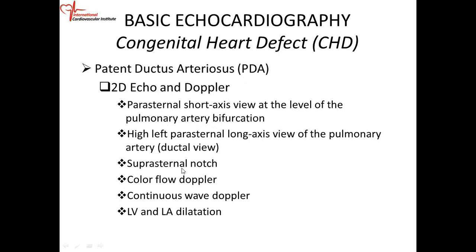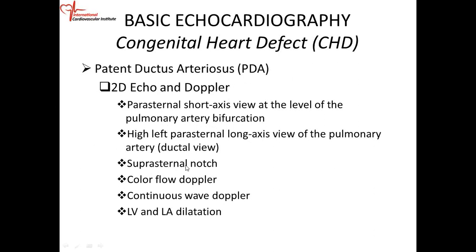If you do your suprasternal notch, remember we say the PDA is a communication between the aorta and the pulmonary trunk. With your suprasternal notch view, you can actually see the left subclavian artery, and then you can see an abnormal communication from the descending aorta right at that level going into the pulmonary trunk.